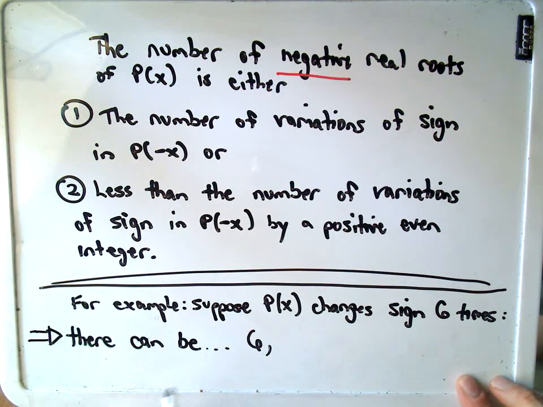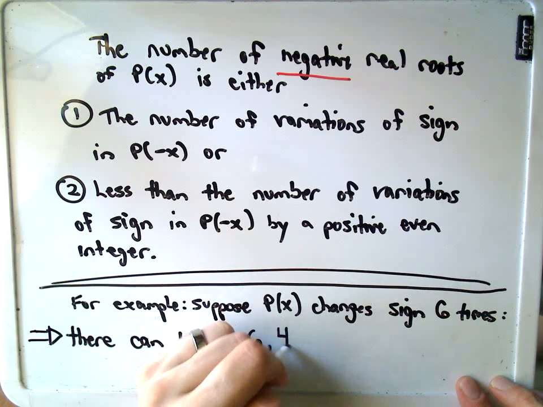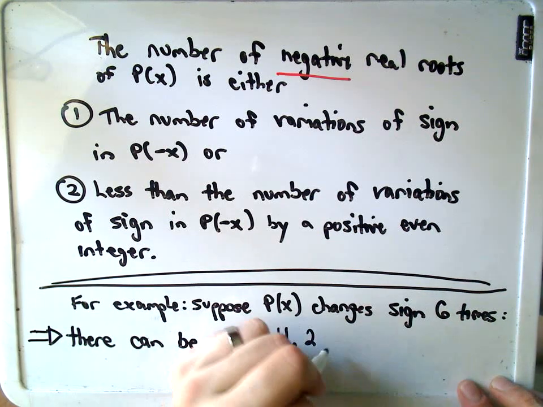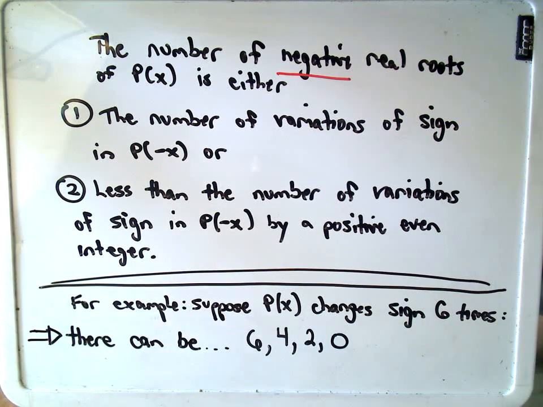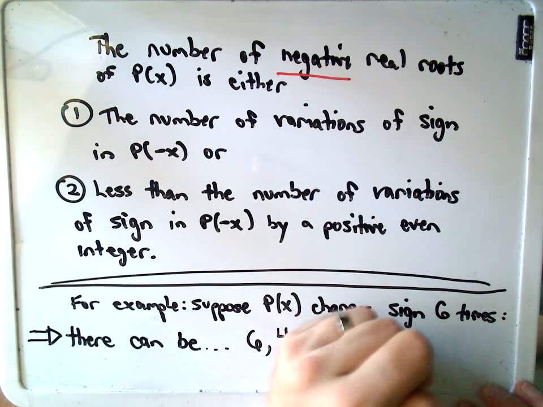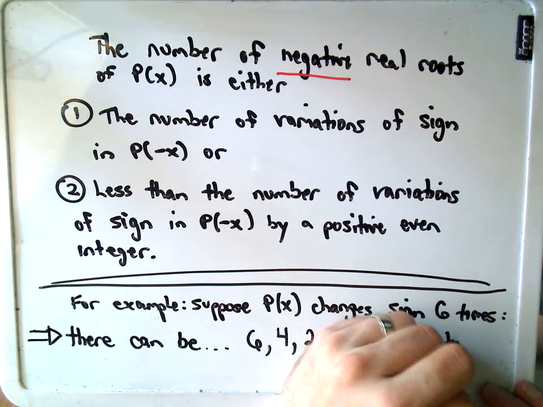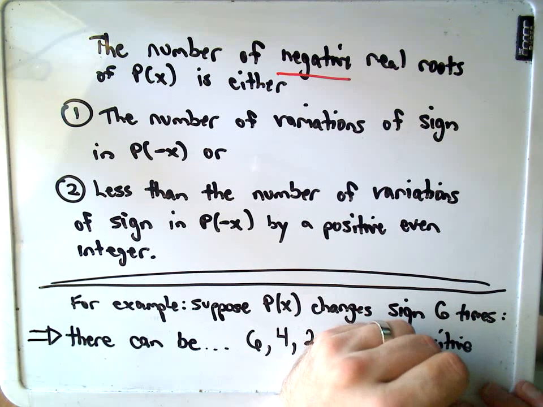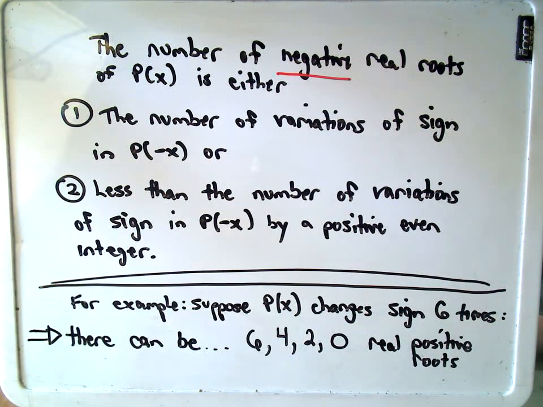So there can be 6 real roots, or 4, or 2, or 0 real roots. I should even say real positive roots, because that's what p of x deals with. So there can be 6, 4, 2, or 0 real positive roots.